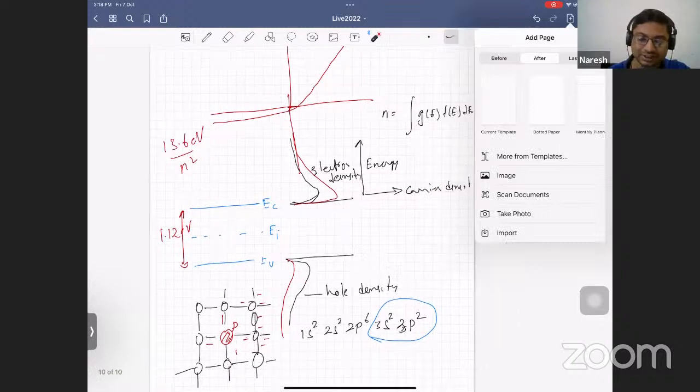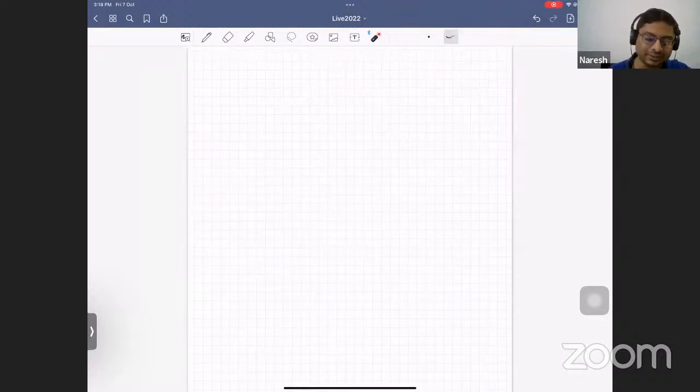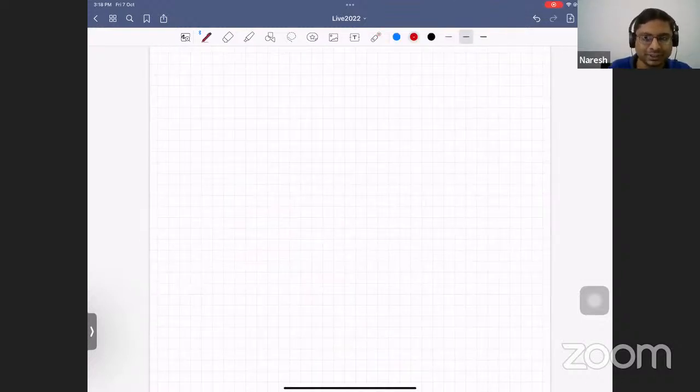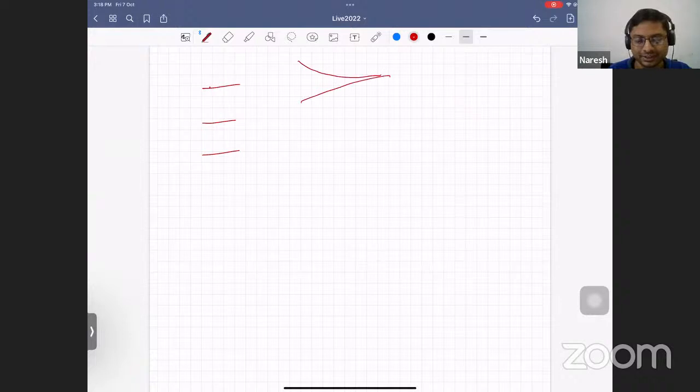So basically, we are moving away from those electronic levels, right? When we say 13.6 by n square, we are talking about these discrete energy levels, like a single atom, a particle in a box kind of problem. From there, we have come to the bands, energy bands. Each of these contributes a bond, and we discussed that in the first week.